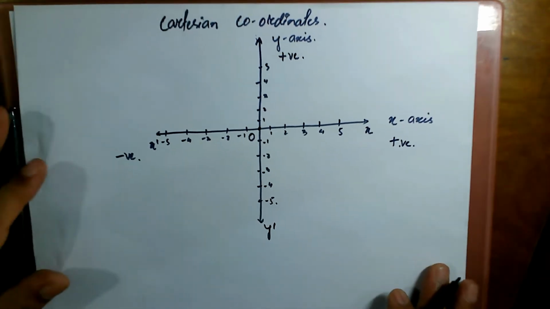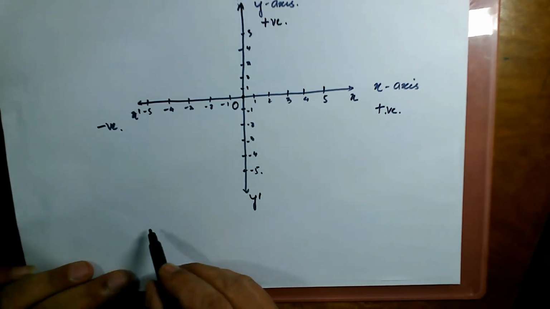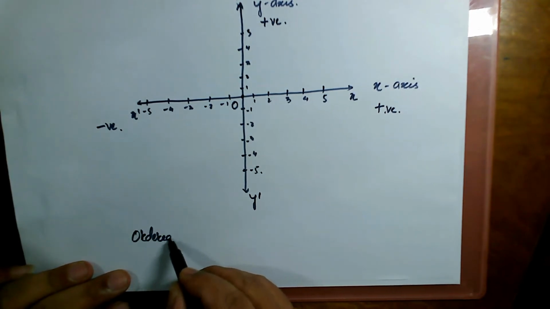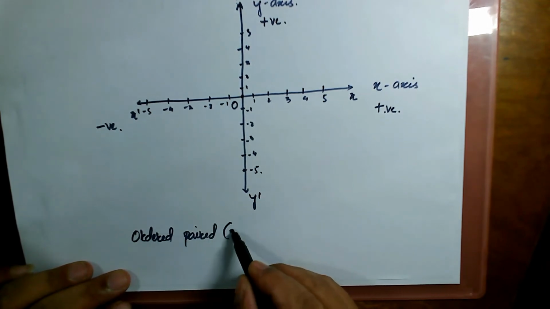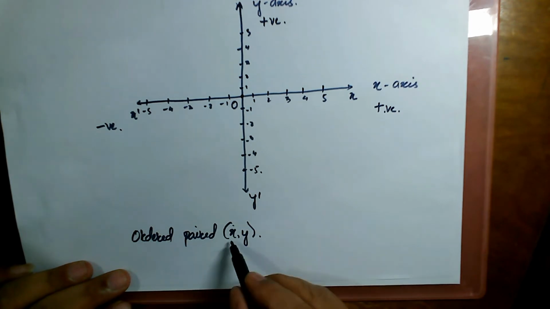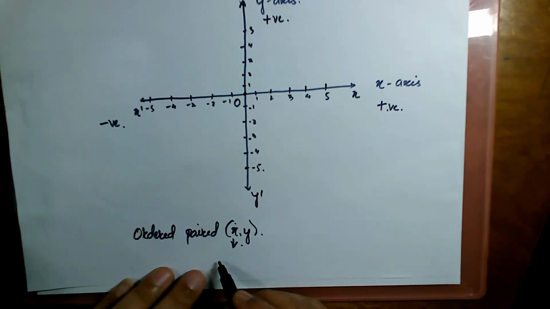So before this, let's say ordered pair, x and y. The first one we always call abscissa.